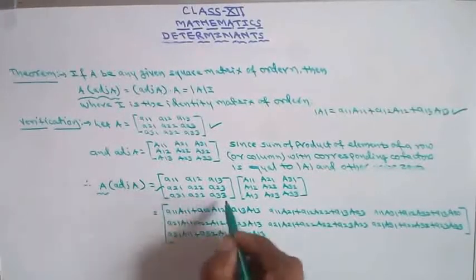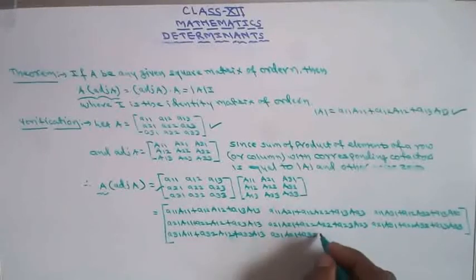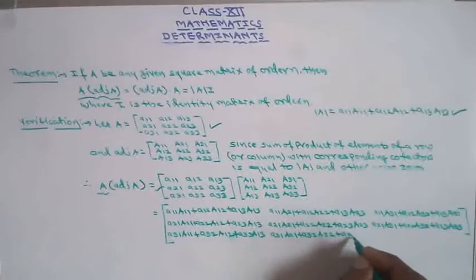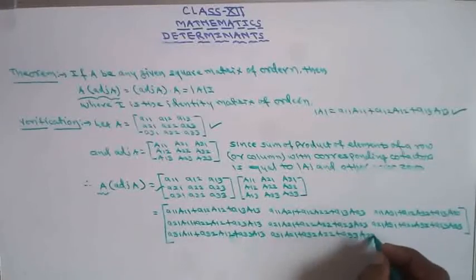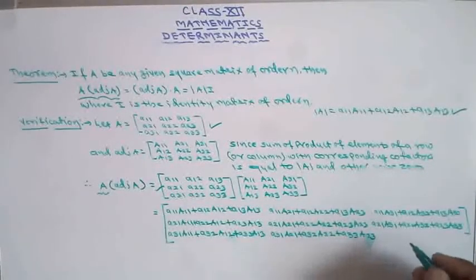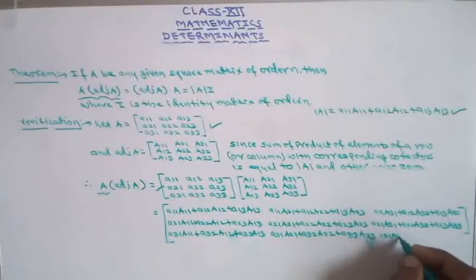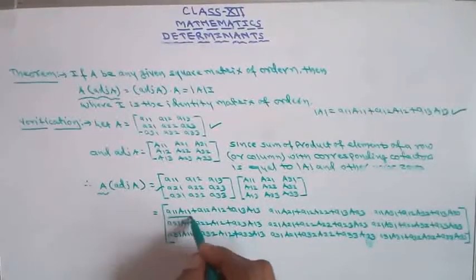Next, third row, second column: a31 into capital A21 plus a32 capital A22 plus a33 capital A23. Then third row, third column, so it will be a31 capital A31 plus a32 capital A32 plus a33 capital A33.